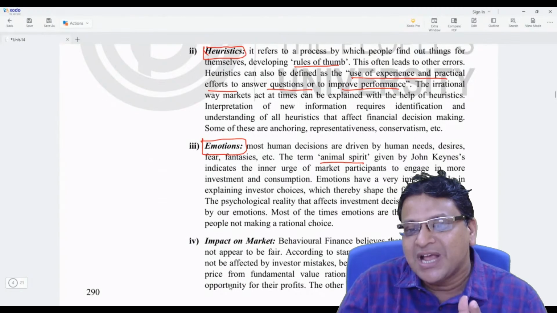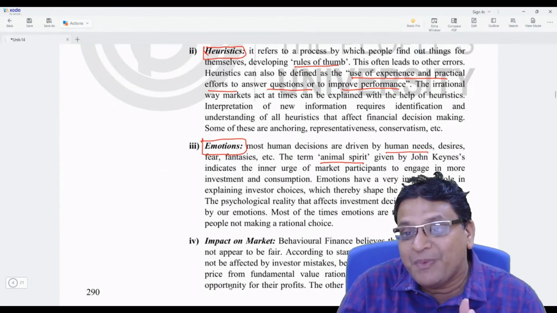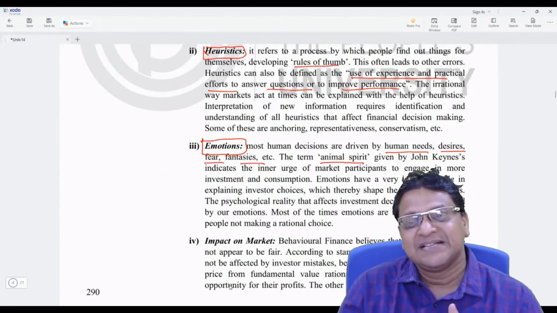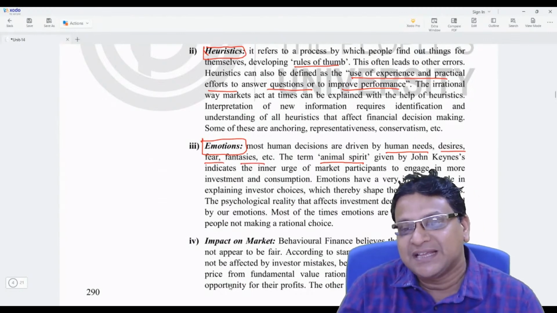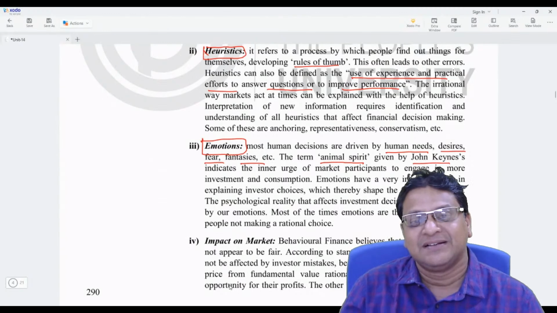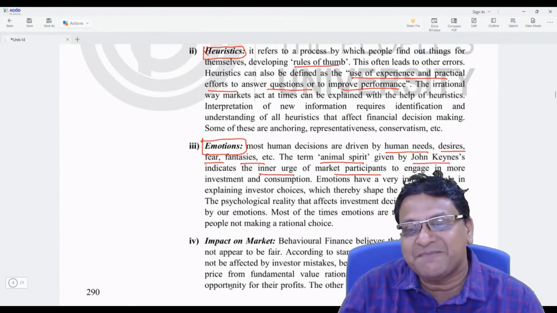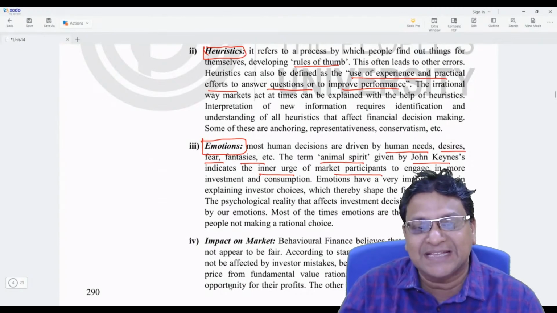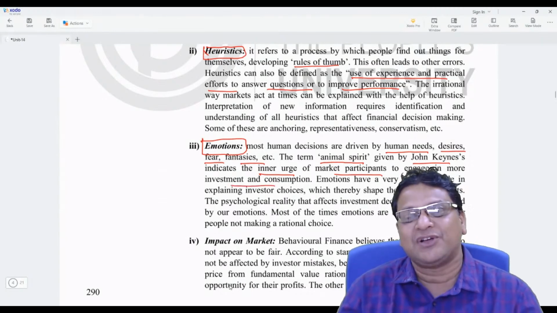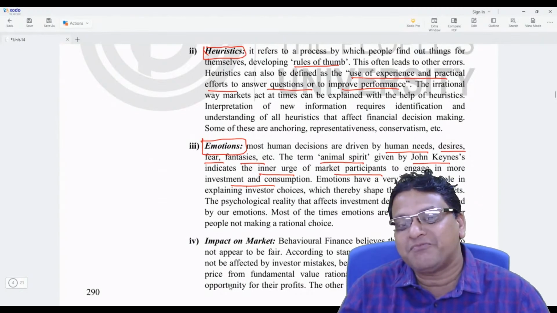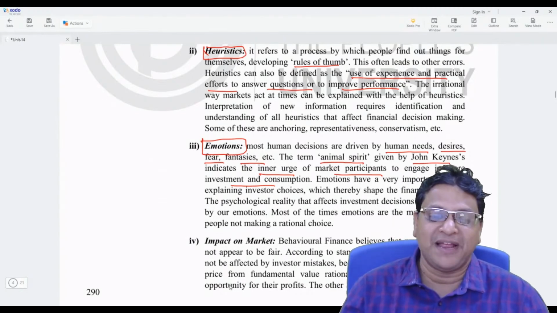The emotions are driven by human needs, desires, fears, fantasies. These are the animal spirits given by John Keynes. These are the inner urge of market participants to engage in investment and consumption decisions. So emotions play an important part in behavioral finance.